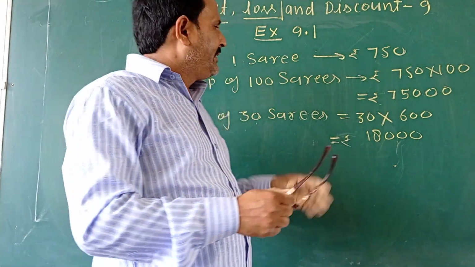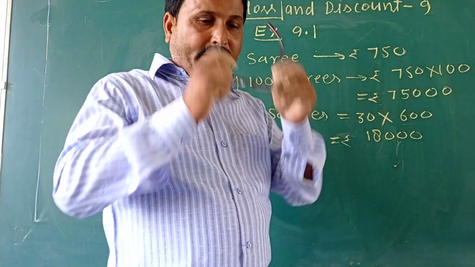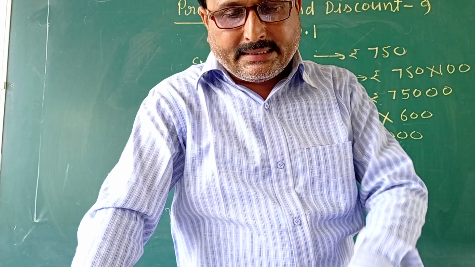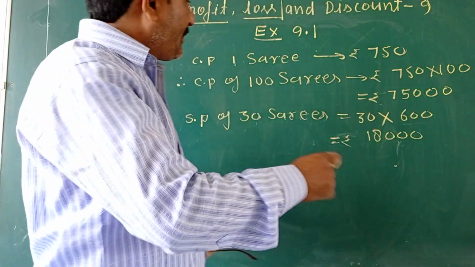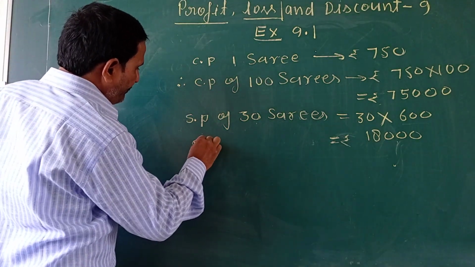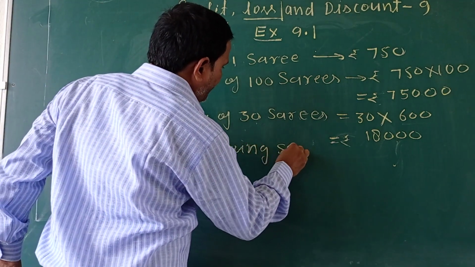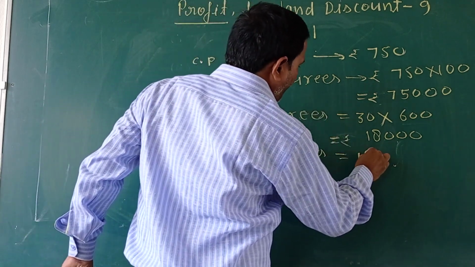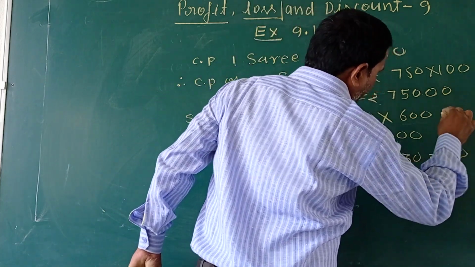He sold 30 sarees at this price. For the remaining, they are asking at what rate he should sell the remaining sarees so as to get 10% gain. First we calculate the remaining sarees. 100 sarees were there, he sold 30. What is remaining? 70 sarees.